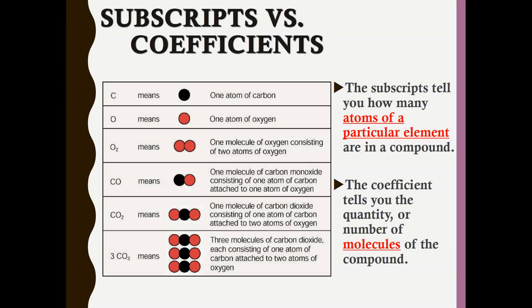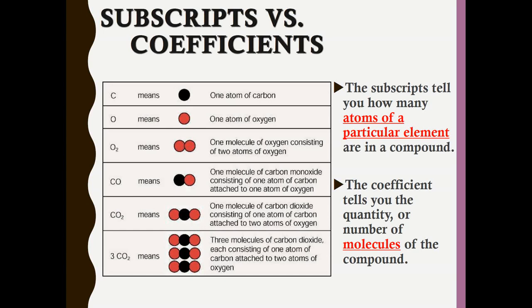All the numbers that are at the bottom, those are my subscripts. But in 2Al2O3, the 2 in the front of the aluminum oxide is my coefficient. So 2 is my coefficient, and the 2 after Al is one of the subscripts for aluminum oxide, and 3 after O at the bottom is the other subscript. So there is a difference between the subscript and the coefficient.